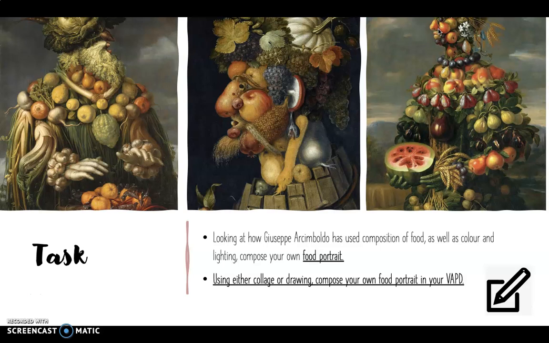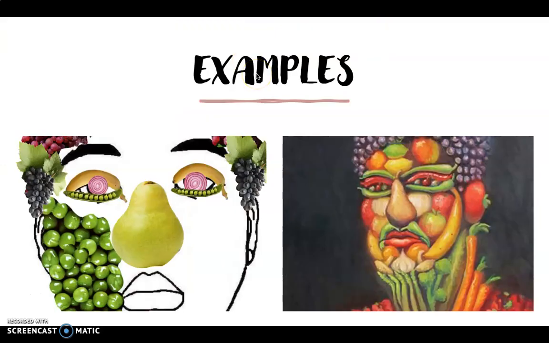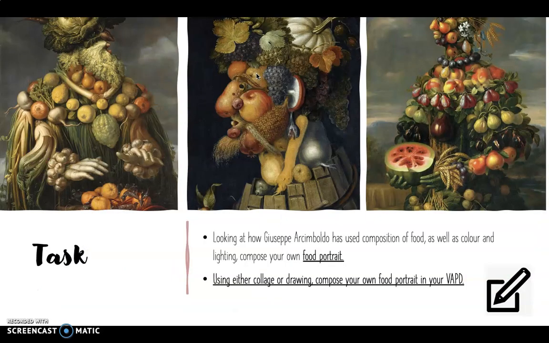In your art diary, I want you to create a food portrait. This example from Year 8 students used fruit and veg and onions for eyes, and they printed out those images and layered them around. Or you can draw them in your diary. It's up to you. That is the work for pretty much this week.